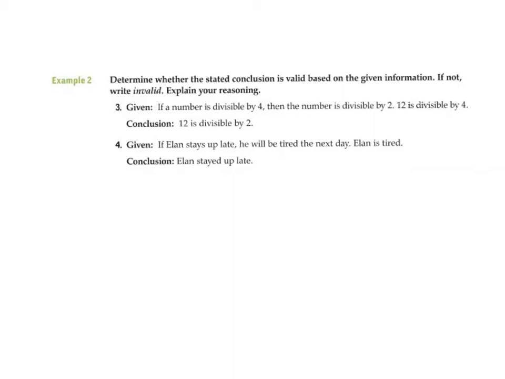The conclusion is, well, if 12 is divisible by 4, then it has to be divisible by 2, and that's a valid statement, because we do know that 12 is divisible by 2, and explain your reason. It's the law of detachment. Okay, so make sure that you put everything down that you need. It says you've got to write whether it's valid or not and explain. So it's valid and it's the law of detachment.